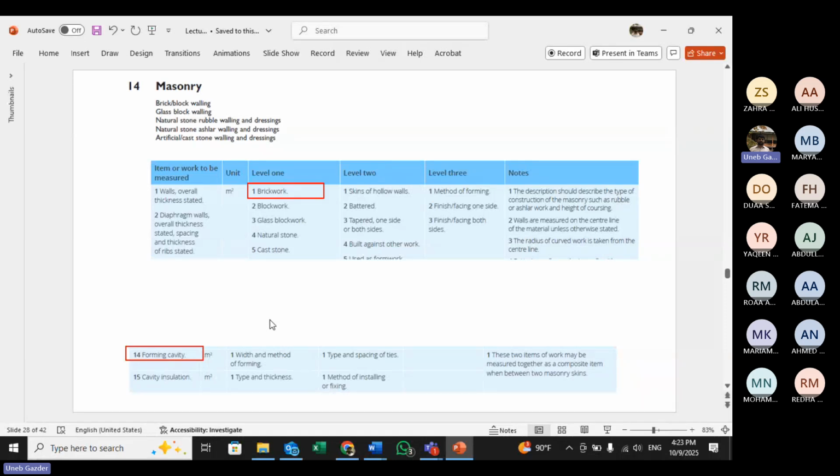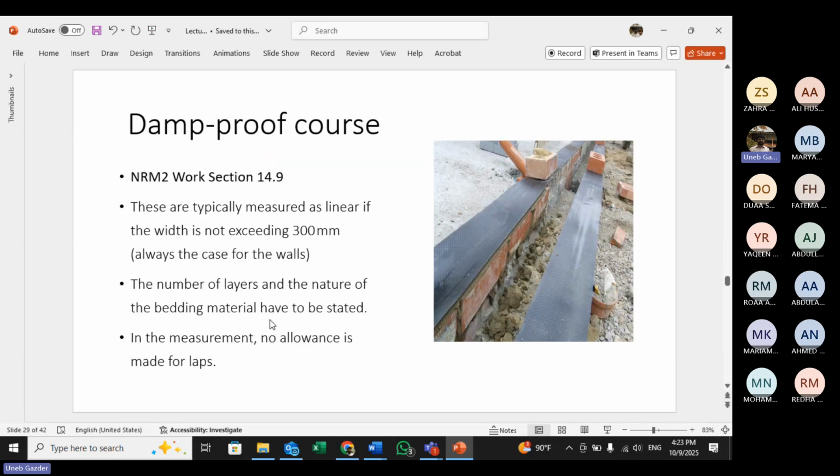Forming of cavity will take a separate rate. It is not the same as making two walls and the cavity is done. You have to calculate the quantity of cavity separately according to NRM, because within the cavity you have to provide ties and maintain the width. You may have to do formwork as well.